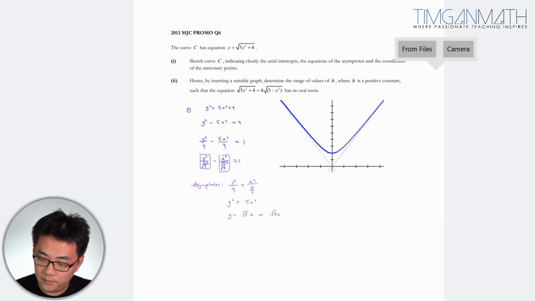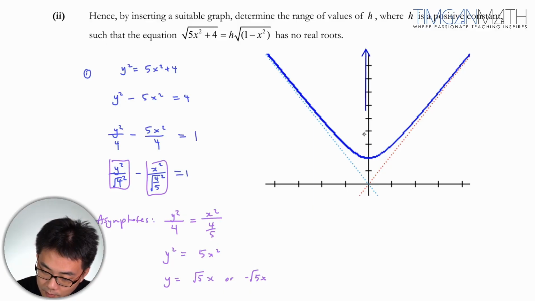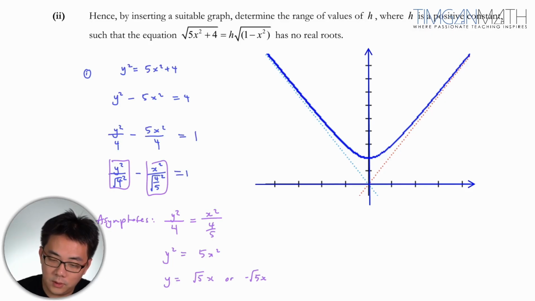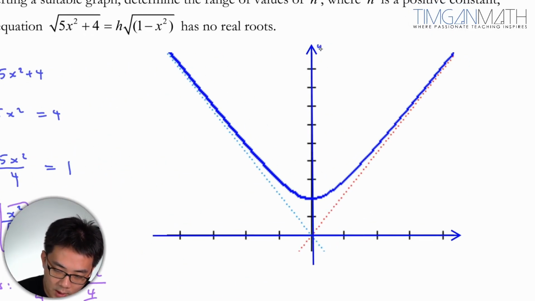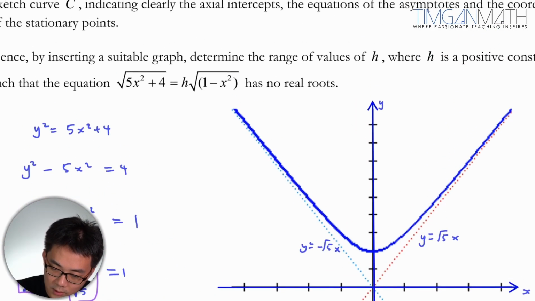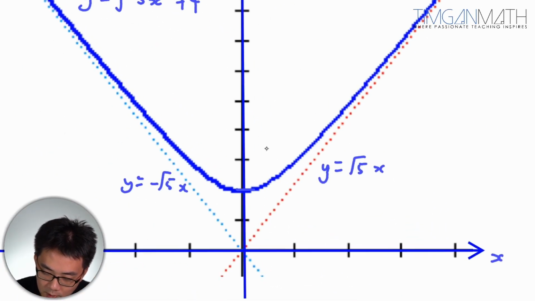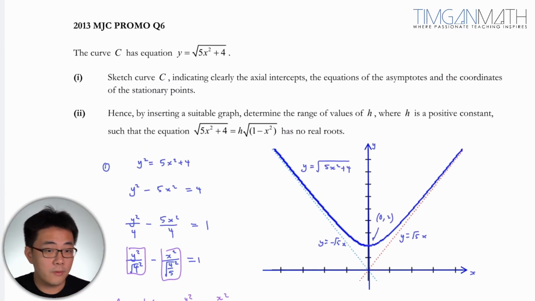So this is y, this is x, and this will be y equals root 5 x, and this is y equals square root of 5x squared plus 4, and this will be 0, 2. Okay, so this is the graph that we are looking at.